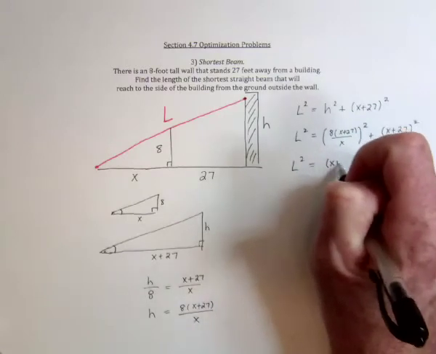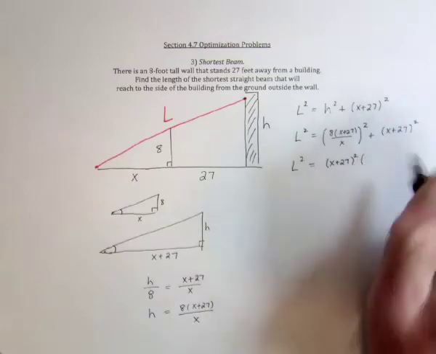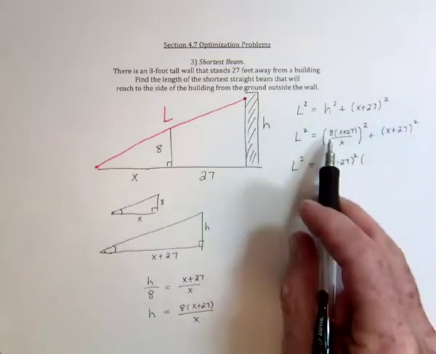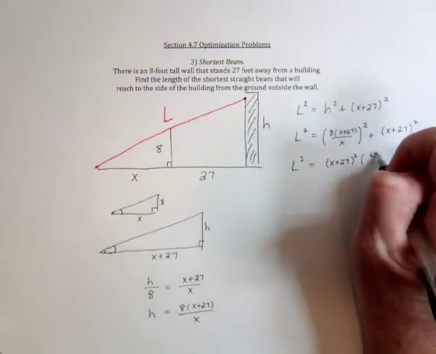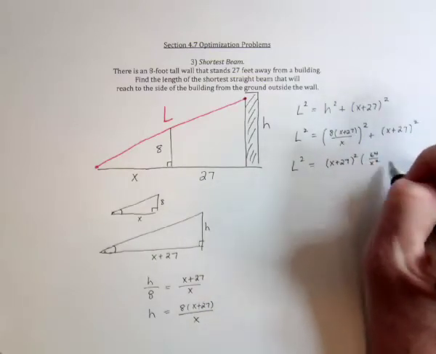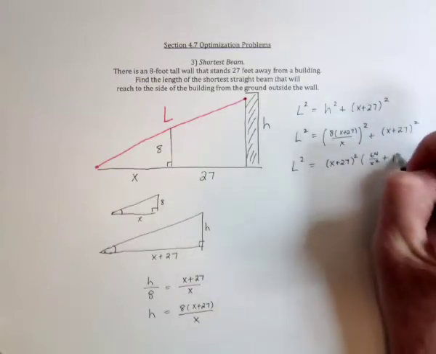So I'd have (x plus 27) squared that gets factored out, and what would be left is an 8 over x squared, so that's 64 over x squared, plus I factored this out, so it leaves behind a 1.